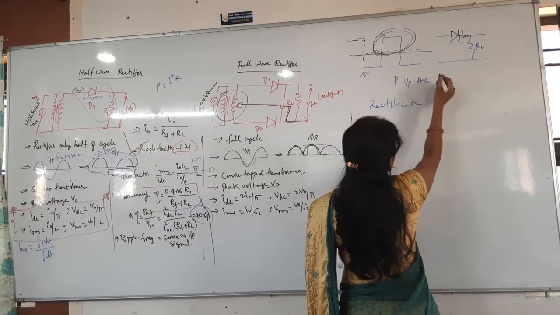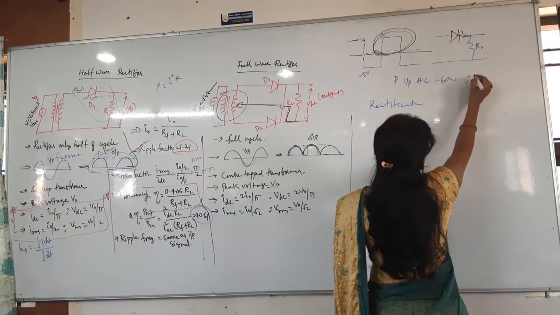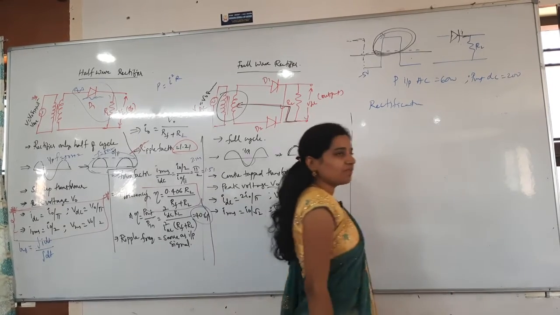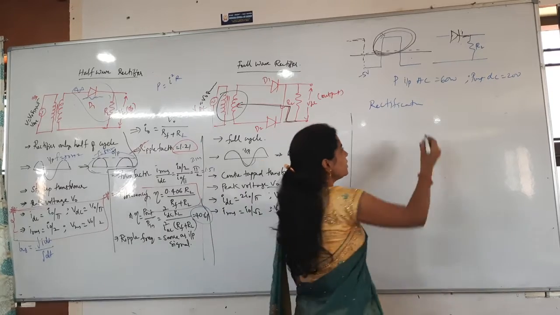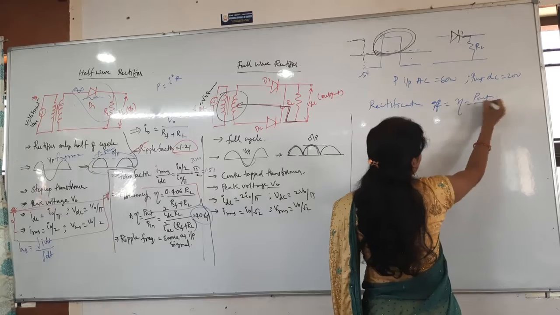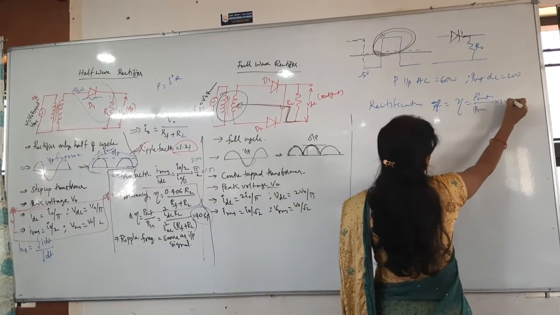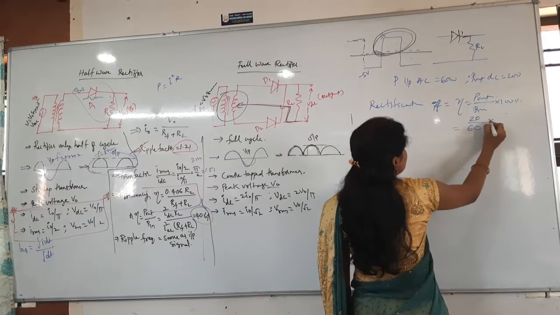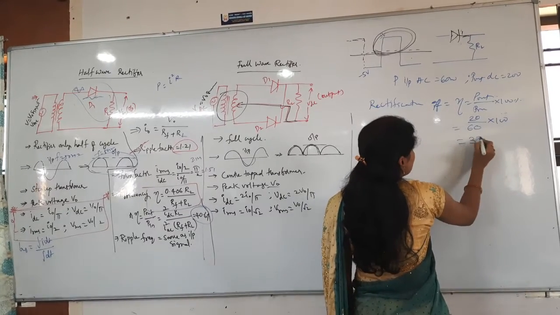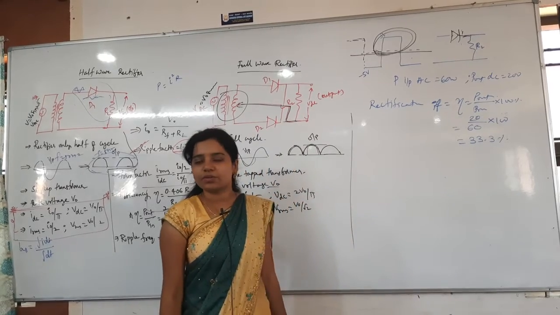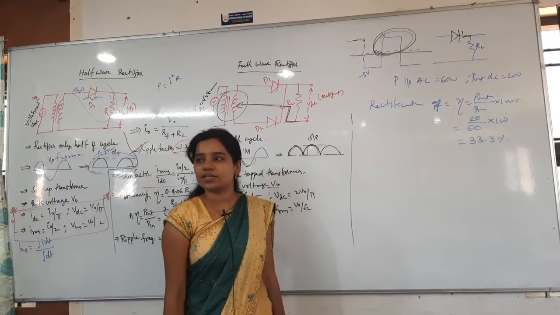Power of the input AC is 60 watts, and the output DC is 20 watts. Now rectification efficiency is very easy: P output by P input into 100%. P output is 20, input is 60, into 100. That is 33.3%, the first answer. Everybody will get that. Yes, you got that?